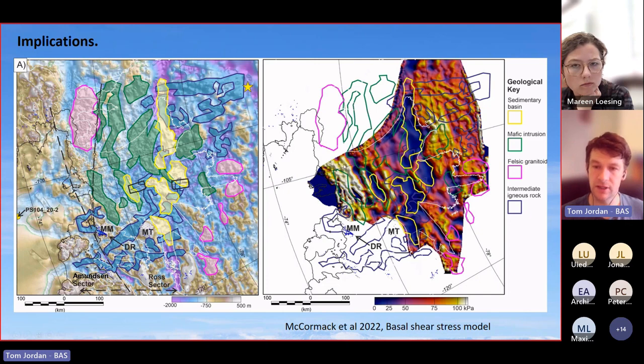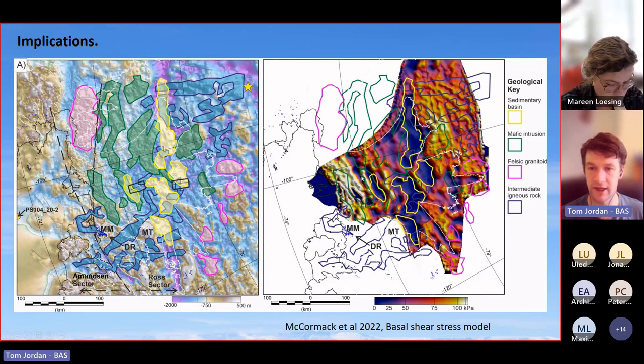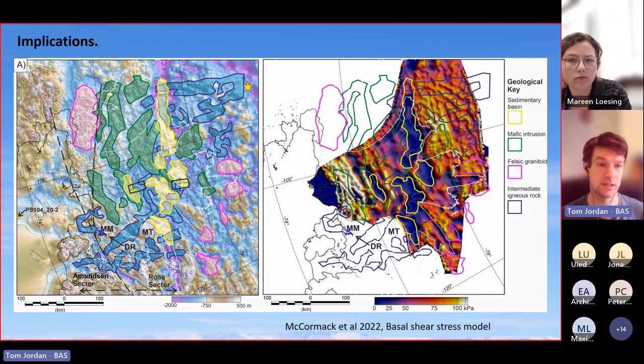But the pattern of the basal shear stress you see further downstream seems to correlate with the margins of the geological bodies we're identifying outside of the sedimentary basins. So it looks like those geological contacts between different rock types are having a direct impact on ice flow. So this suggests faults juxtaposing different rock types, or water coming up faults, or things like that might actually be influencing the flow of the glacier.